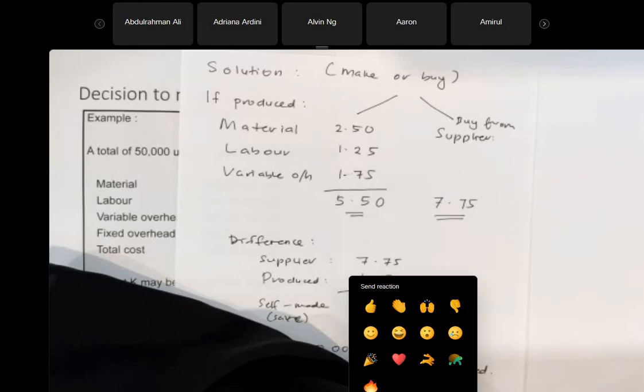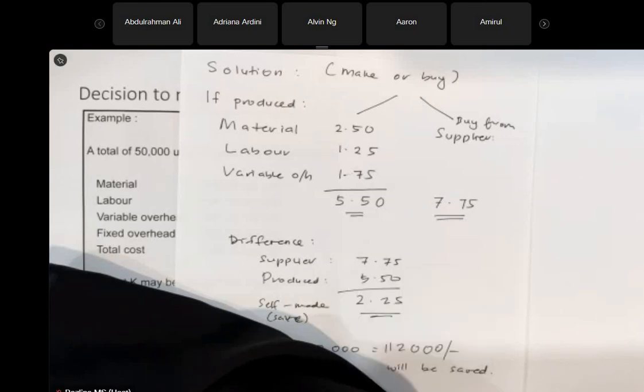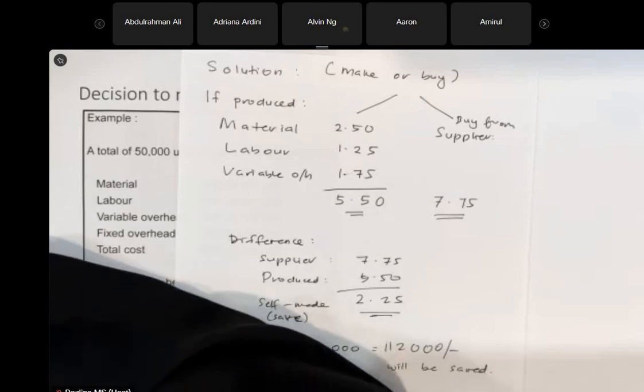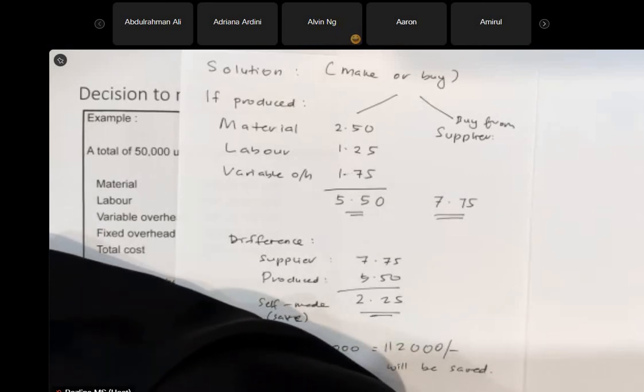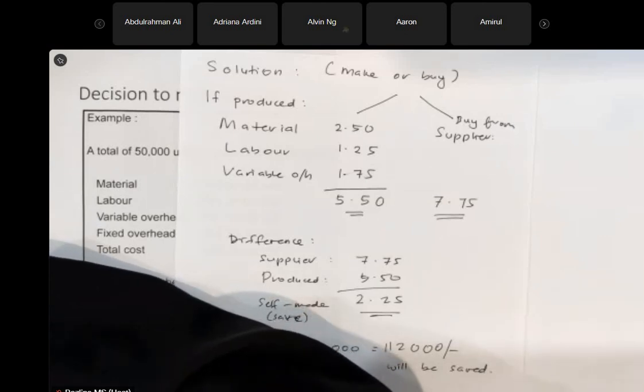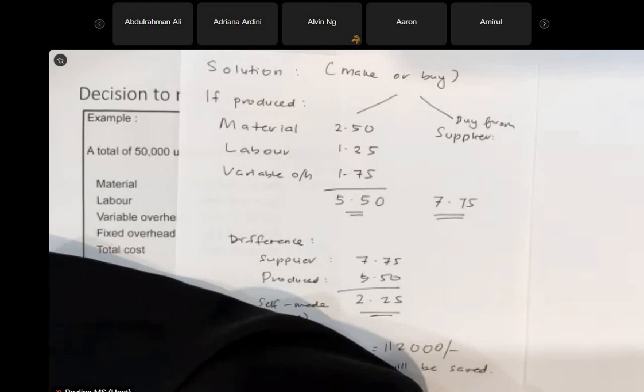Kenapa Daniel tunjuk kura-kura? Ke tertekan? Macam mana awak boleh dapat kura-kura? Okay. Tunjuklah rabbit. Econ pun tunjuk kura-kura. Kenapa? Must be a reason. Still sleepy.